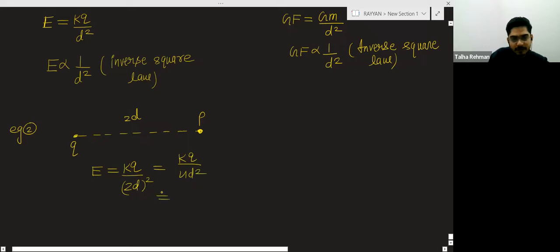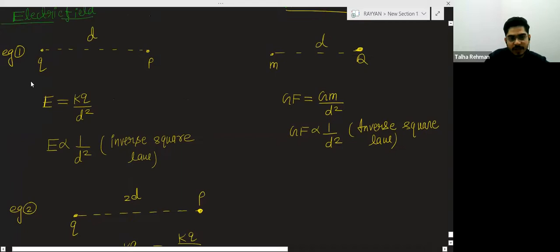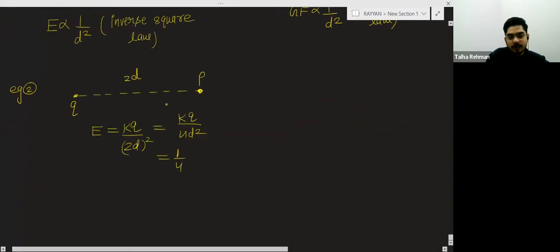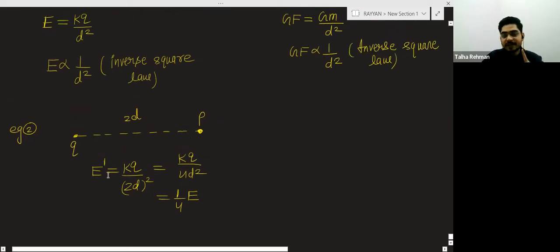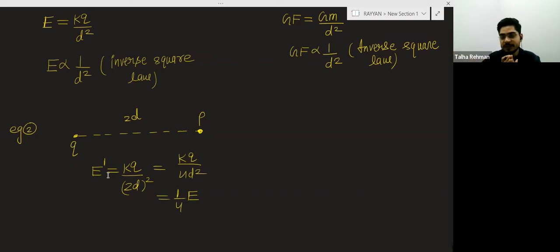So I can write it as 1 by 4th of kq by d square. So kq by d square is E. So suppose this is E dash. So the electric field strength becomes 1/4. Electric field strength becomes 1/4 when the distance becomes double.